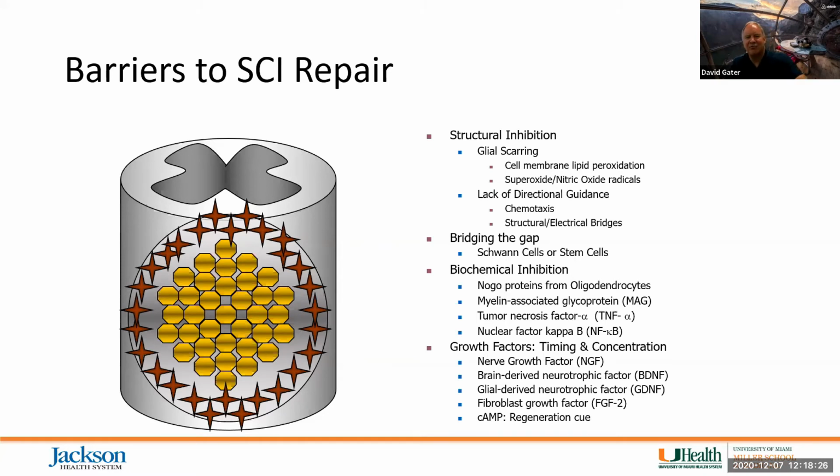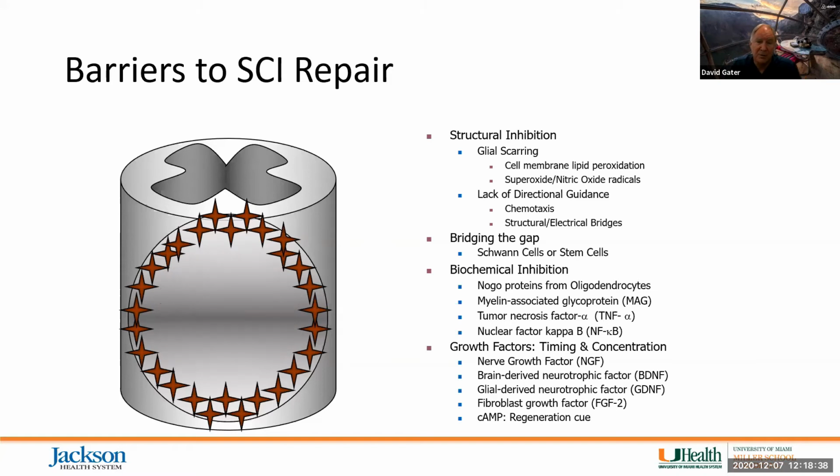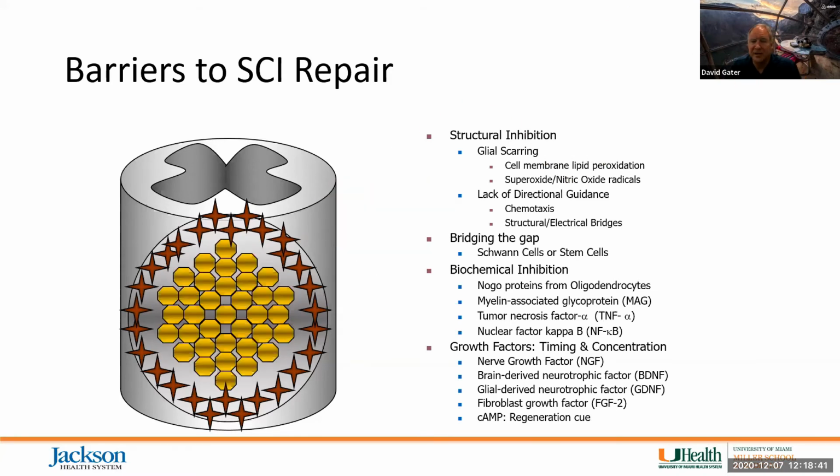But recognize that even if we put cells in there and we broke somehow through the glial scar, there are still a number of inhibitory proteins that are hostile to new neural cell development. And so, those include a number of different things, including the no-go proteins, the myelin-associated glycoproteins, tumor necrosis factor alpha, and nuclear factor kappa B, all of which are actually hostile to new neurons that are trying to develop in this quagmire, if you will.